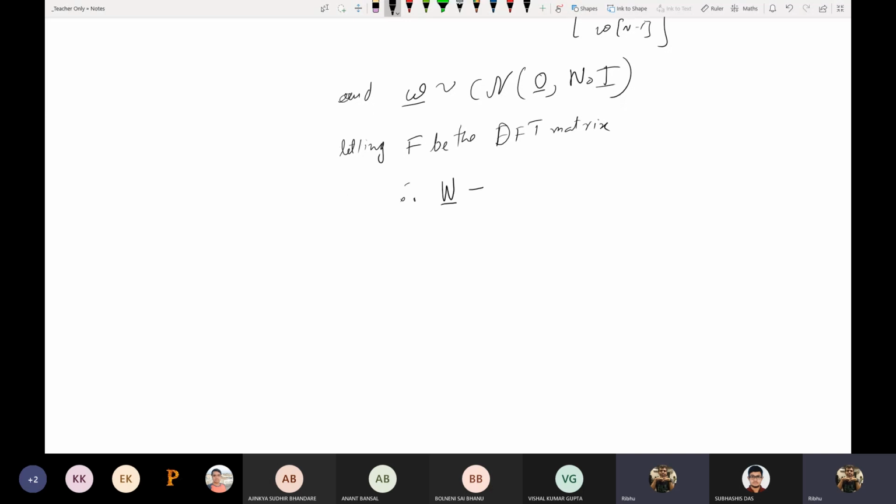So therefore, this vector W equals FW, fine.